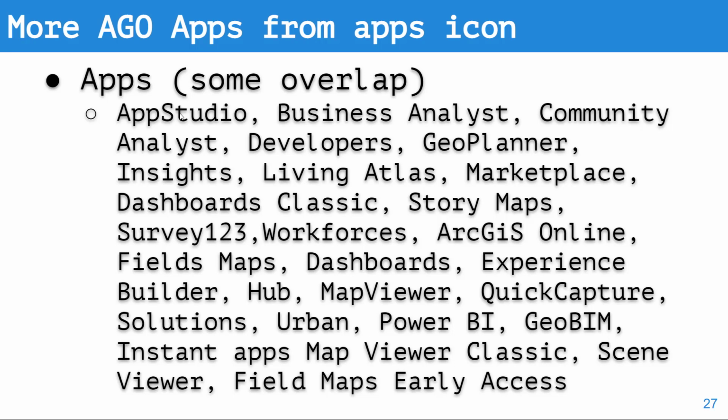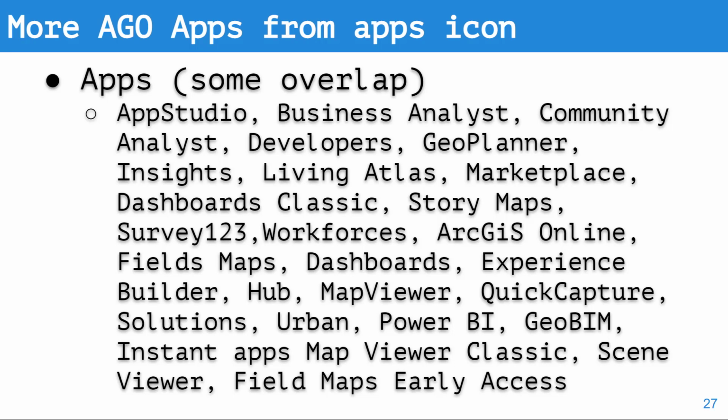Solutions, Urban, which we mentioned before, Power BI, GeoBIM was on the list before, Instant Apps was on before. Map Viewer Classic is the old version of the Map Viewer. And the new Map Viewer has a completely different interface and some new capabilities that aren't around. A simple thing is bookmarks. Bookmarks in the Map Viewer Classic don't have thumbnails, but the new ones do. A lot of the new templates are expecting a thumbnail.